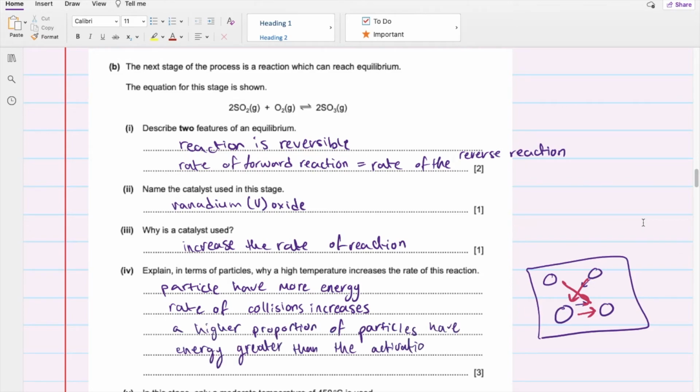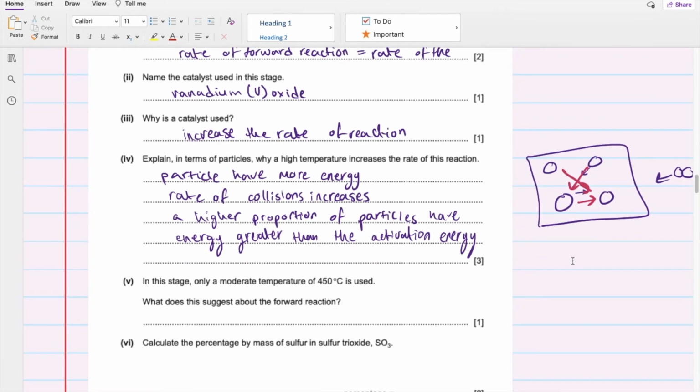And if you're not aware, activation energy is the energy that's needed for a reaction to happen. So the particle needs to reach this energy before anything can truly happen. They can collide, but then nothing really happens. They can just be bumping into each other and then they'll just move aside. No reaction there. So in this stage, only a moderate temperature of 450 degrees is used.